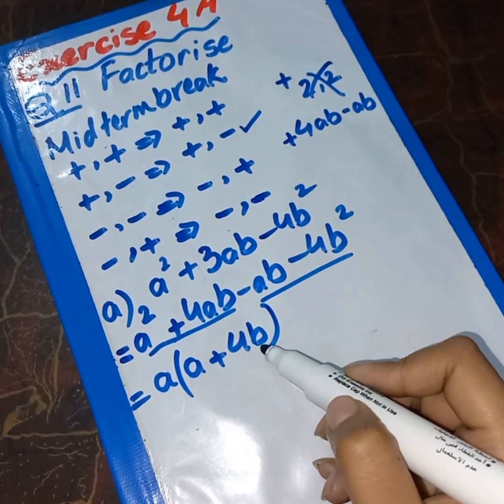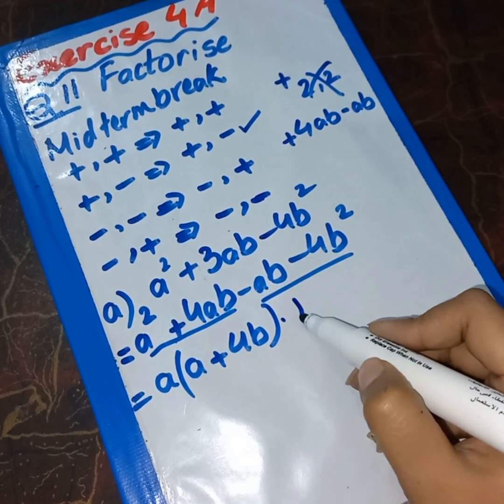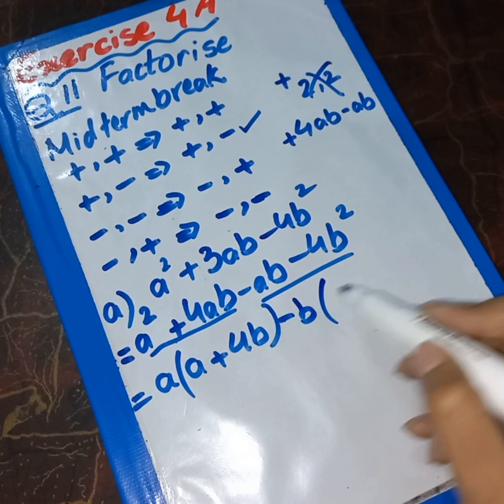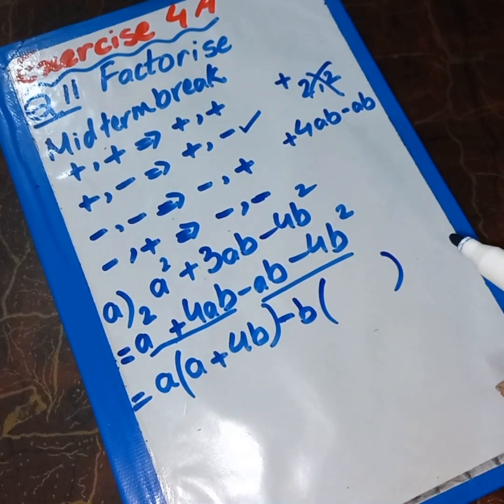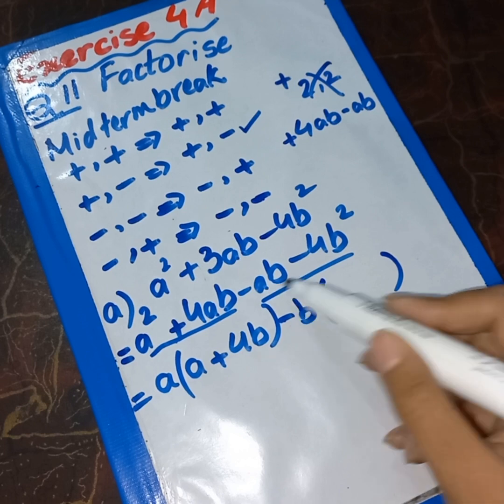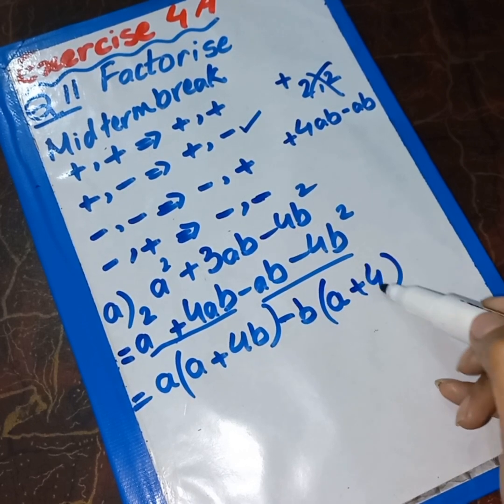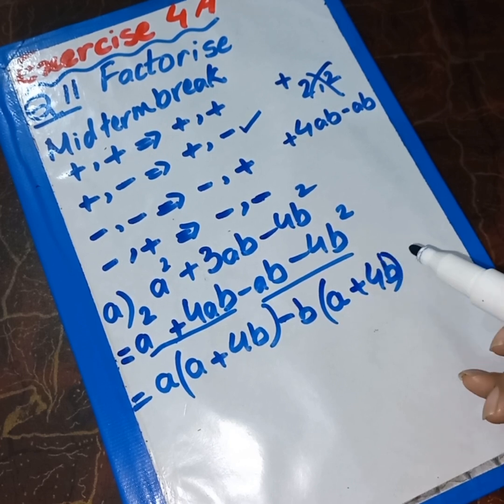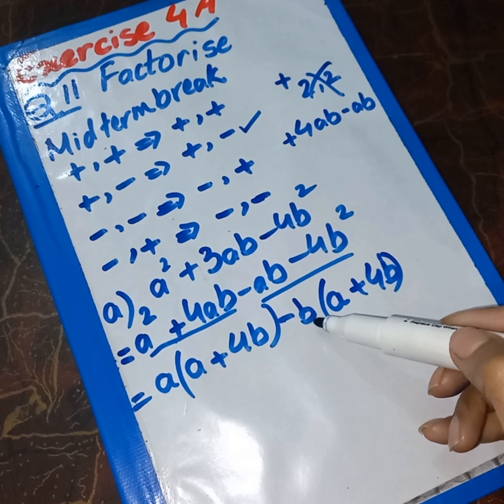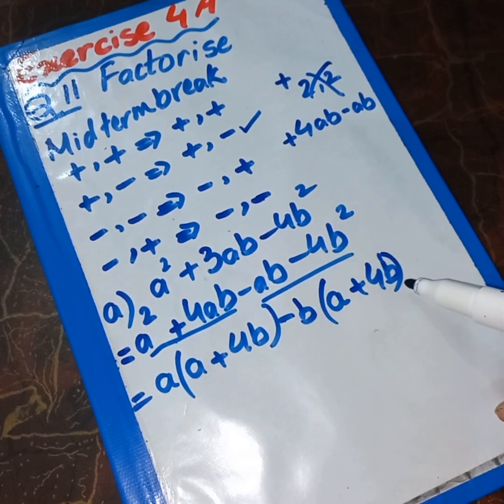Then here the common variable among these two is b, but it should be minus b, because both brackets should be the same inside. So minus b outside, here it will come a, then minus minus plus 4b. Why 4b? Because I put b outside the bracket and its power is square, so one b is outside and one b will be written inside.